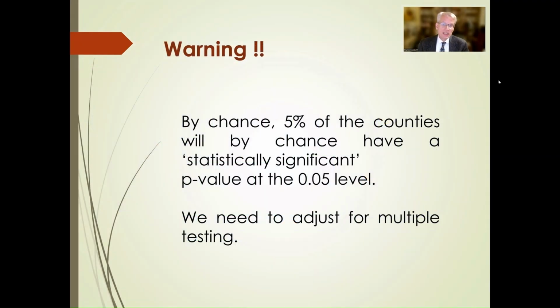With 99 counties, if 5% by chance are significant, then we expect 5. Sometimes it could be more than 5, like 7 or 8, or sometimes it could be less. So the fact that we saw 7 doesn't necessarily mean that this is not by chance, because we need to adjust for the multiple testing of looking at these 99 counties.